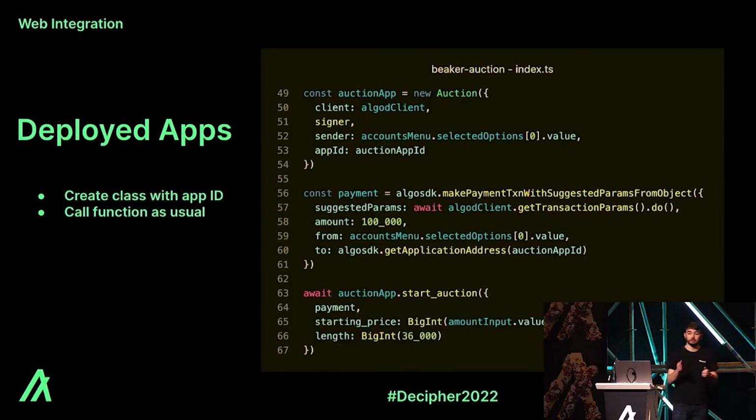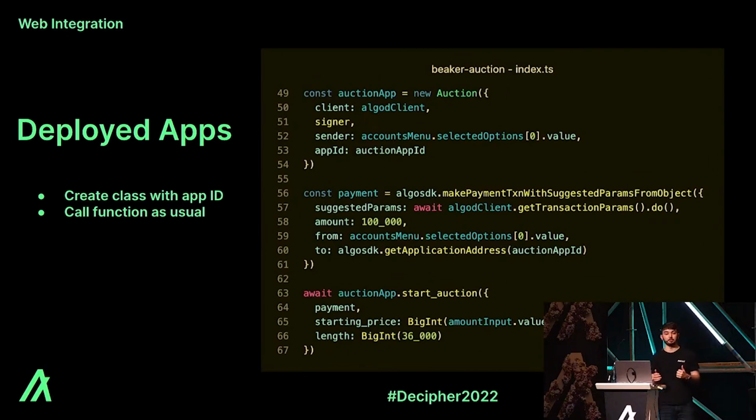So we now have our application deployed. The end user has called .create, and they now want to do other things. In this example, we're showing the start auction function, but it's a similar pattern for all the other functionality as well. What we're doing here is instantiating this auction class pretty much the exact same way that we did when we created the auction, but this time around we are specifying the app ID.